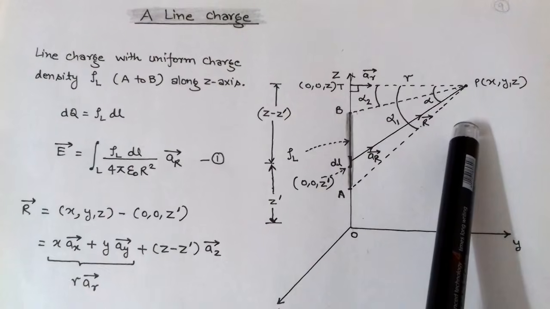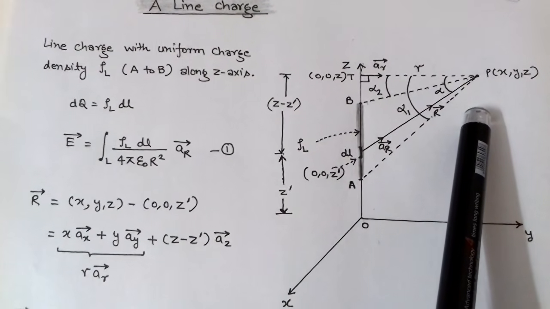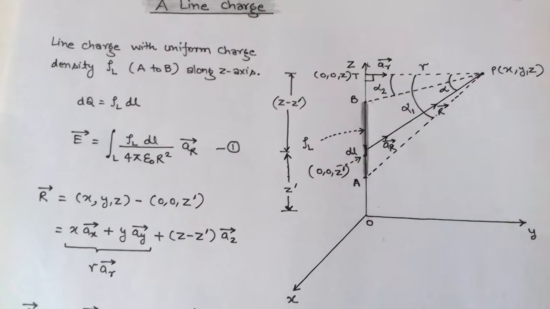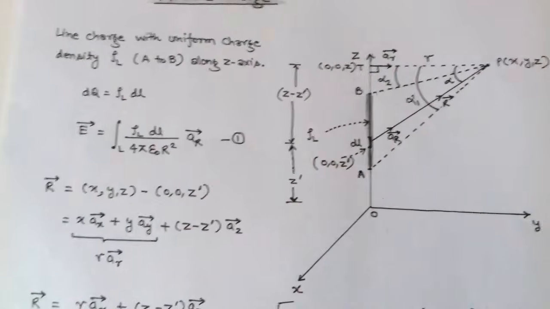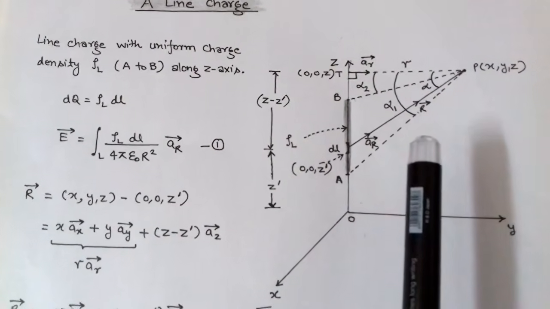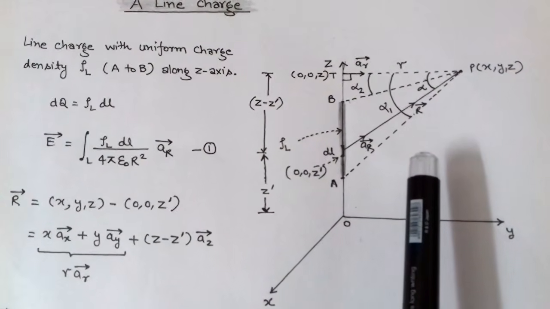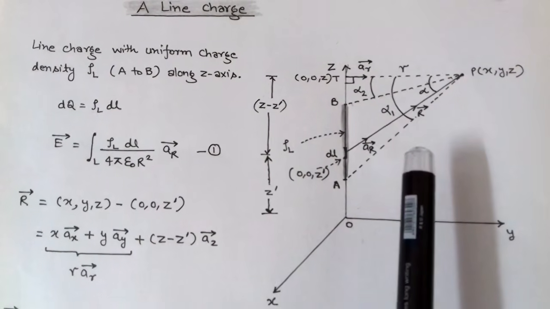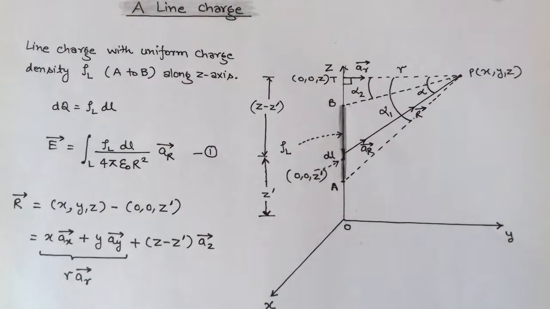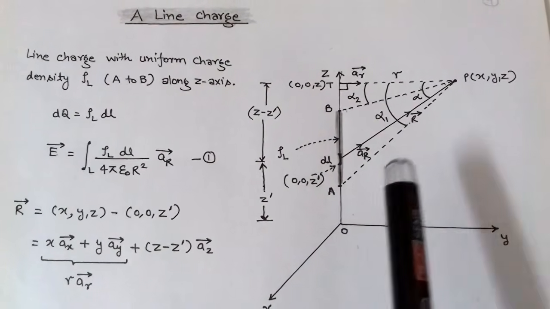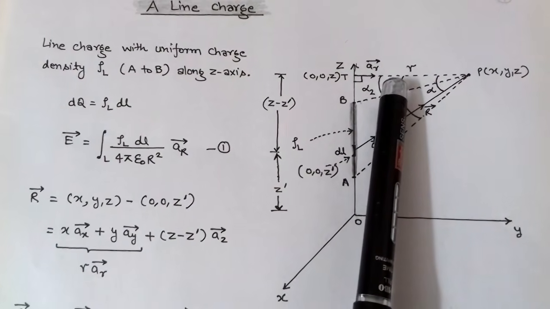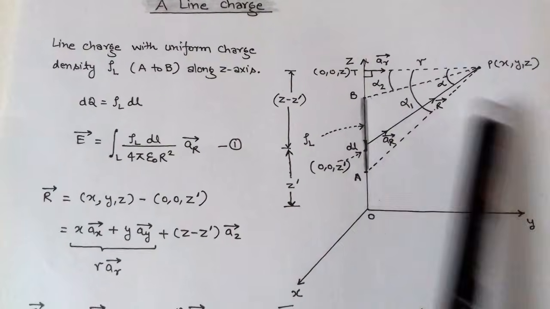So first of all we have to construct this. Assumptions are there for further calculation. Now we have an angle alpha for position vector capital R and alpha 1 for AP and alpha 2 for BP, and there is a position vector r small r for TP.